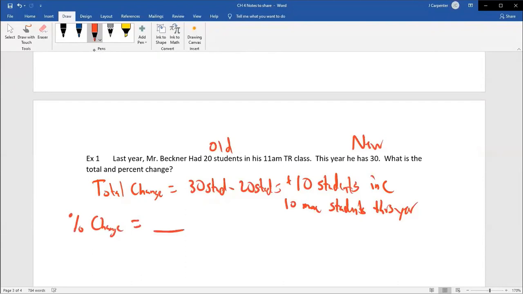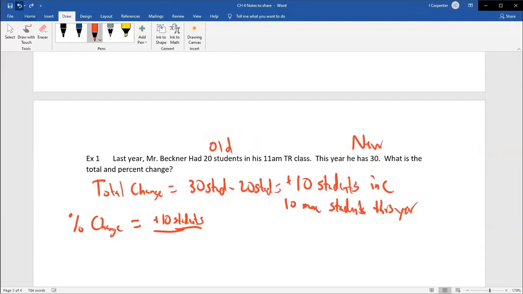So that's a ratio. So total change is a difference, percent change is a ratio. And this is the ratio of total change, which was the positive 10 students, that was the increase, divided by the original number of students. Again, percent change is always scaled to the old, not the new.